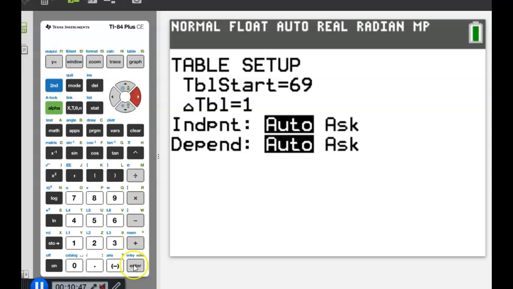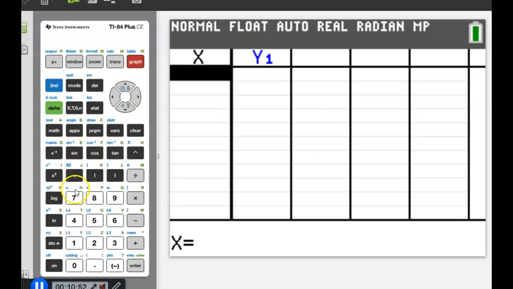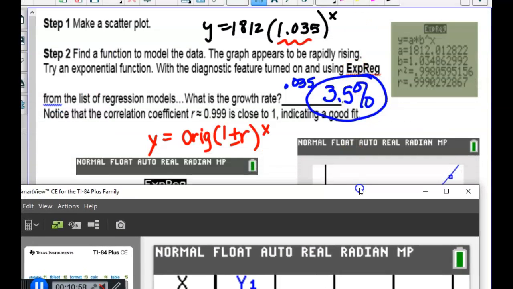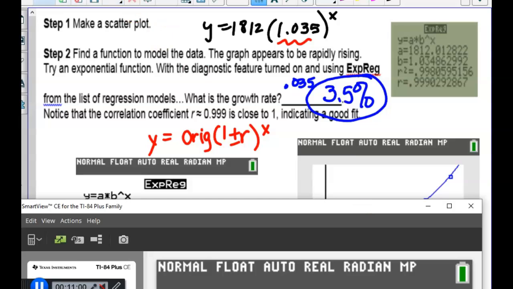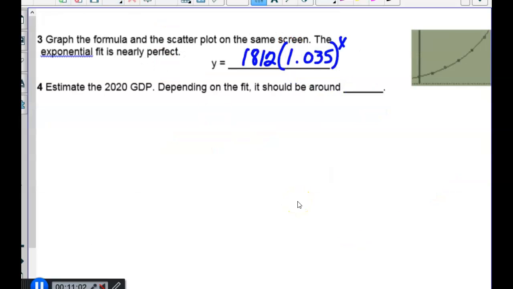That's under second window, because then you would be able to just type in 70. You wouldn't have to scroll around. So our guess for this, I already forgot, 19,951.